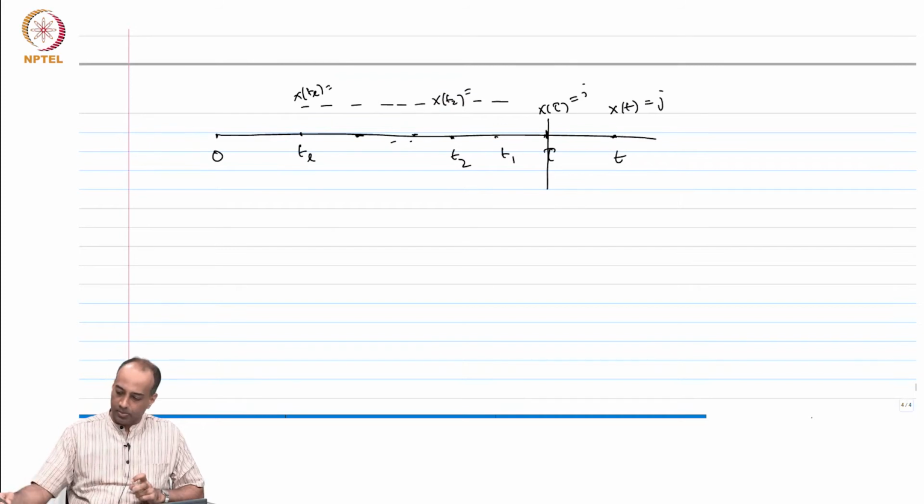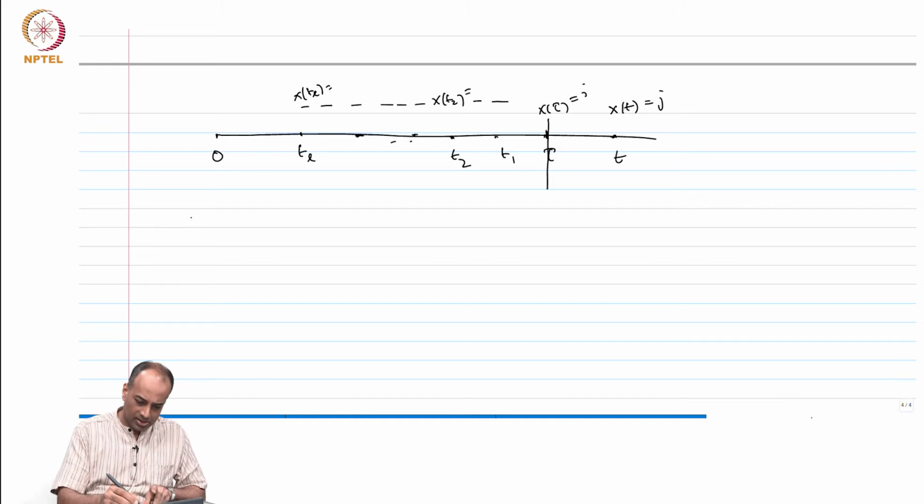Next, I want to show a simple example, let us say an M/M/1 queue and the embedded Markov chain.